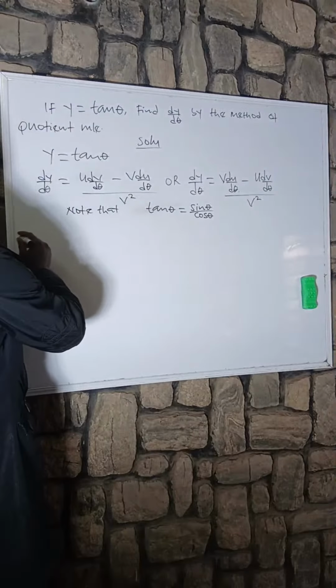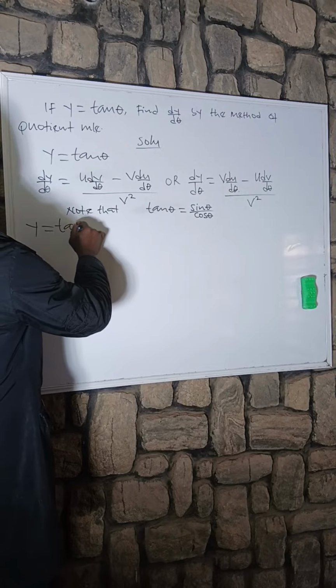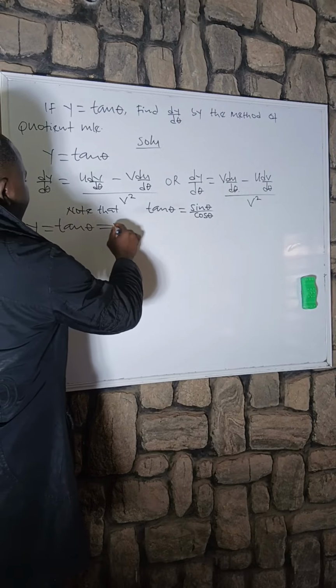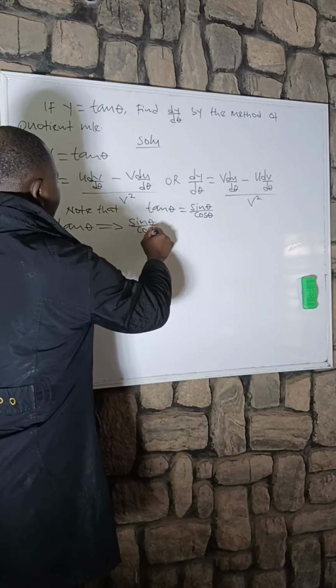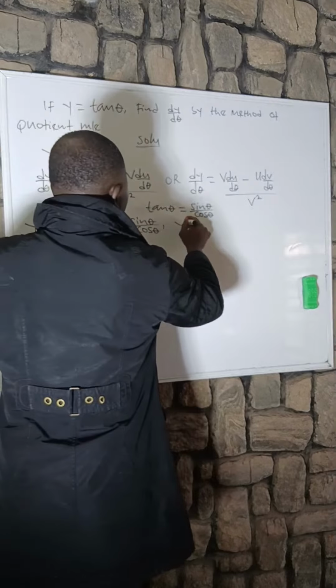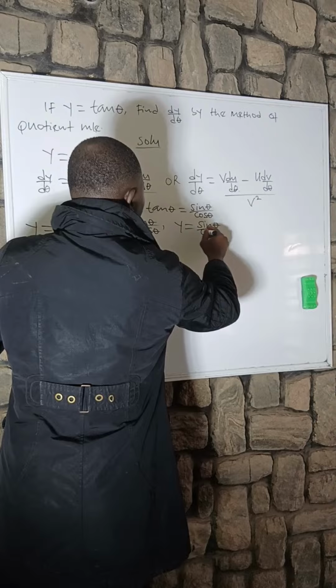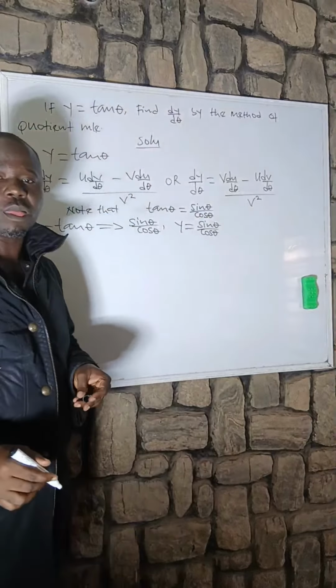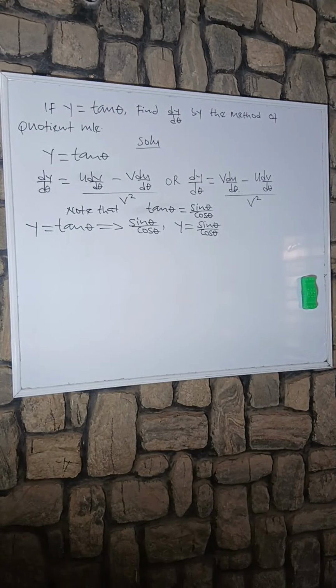Instead of y equals tan theta, this implies that y equals sin theta all over cos theta. Are you following? Do you agree with me?